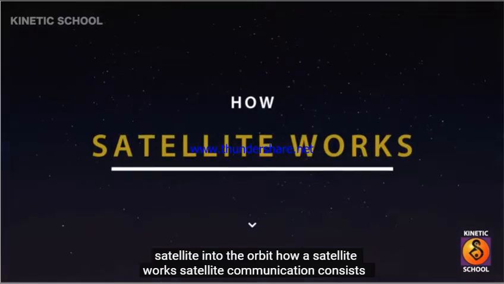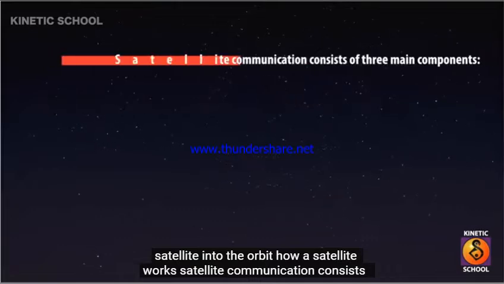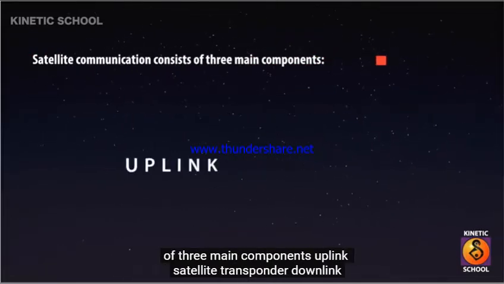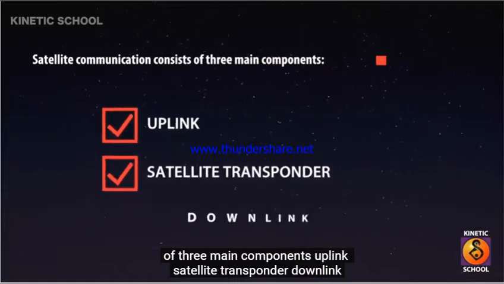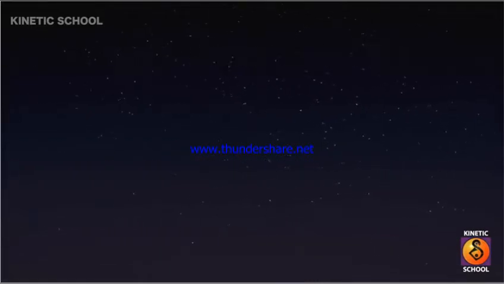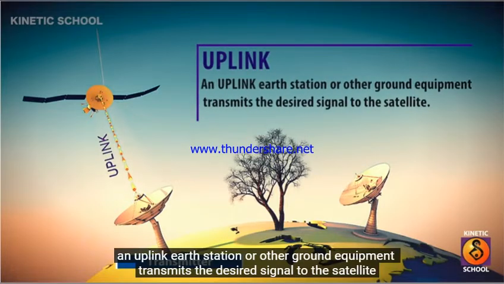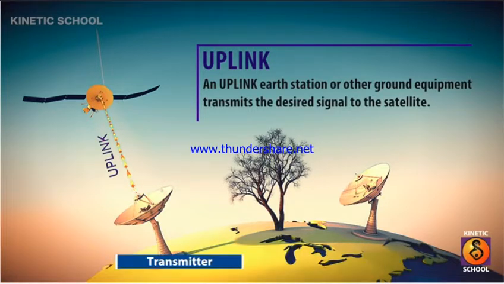How a satellite works. Satellite communication consists of three main components: uplink, satellite transponder, downlink. An uplink earth station or other ground equipment transmits the desired signal to the satellite.